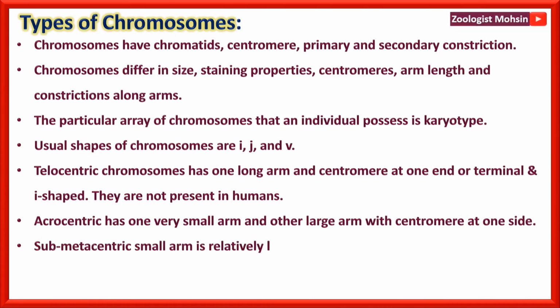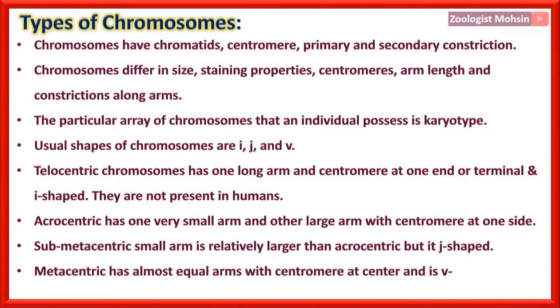Now the major difference between acrocentric and submetacentric is that the small arm in submetacentric is relatively larger than acrocentric, and it is J-shaped, and acrocentric is I-shaped. Metacentric has almost equal arms with the centromere at the center and is V-shaped.